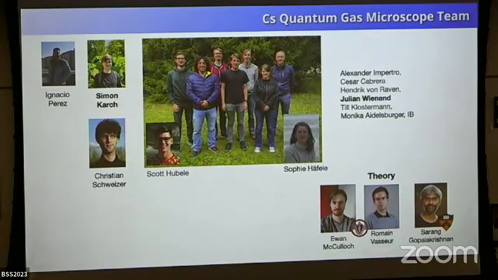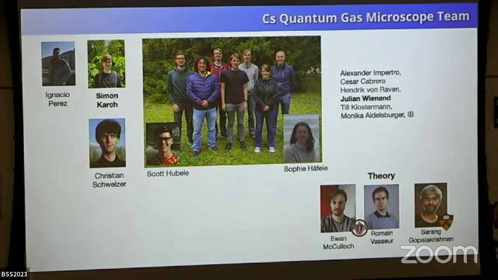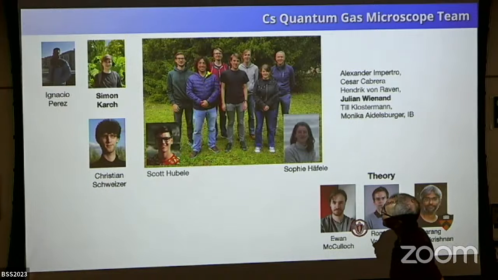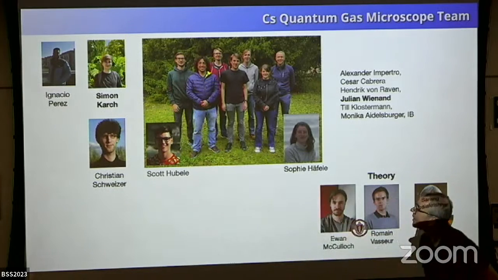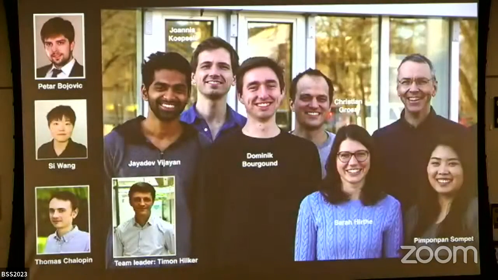Okay, I have to give credit to the people. Just let me finish. Who've been doing the work on the cesium experiment. This is jointly led with Monika Eidelsburger, and the latest work that you've been seeing was from Julian Wienand, Simon Karch, and Alex Impertro, with joint theory with you and Romain and Sarang. And then there's the lithium team I talked about on spin charge separation.